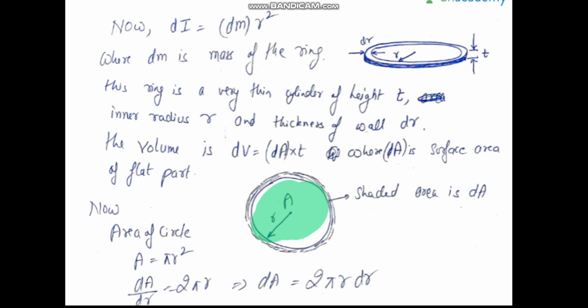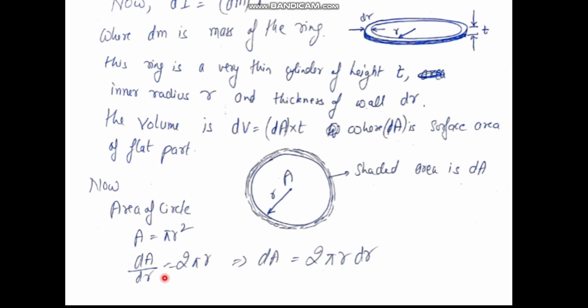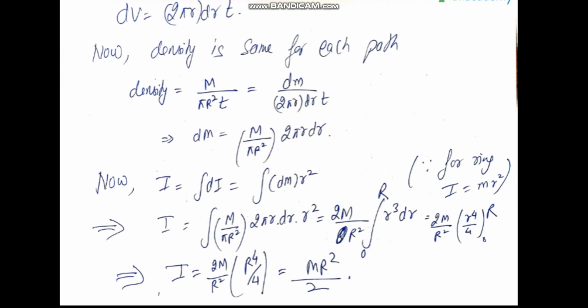The increase in area dA can be calculated using calculus: dA will be 2 pi r dr. If I multiply that by the thickness t, I will obtain the volume. I write dV as dA into t. So the volume of this differential ring is 2 pi r dr into t.